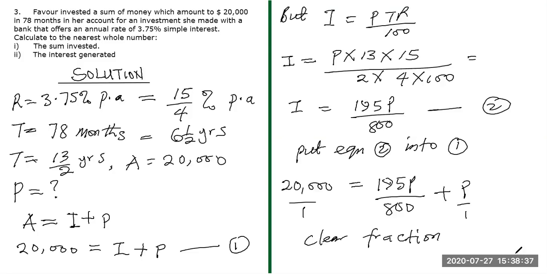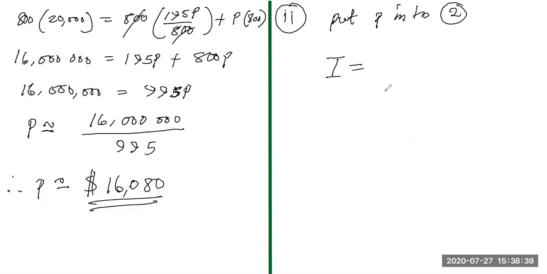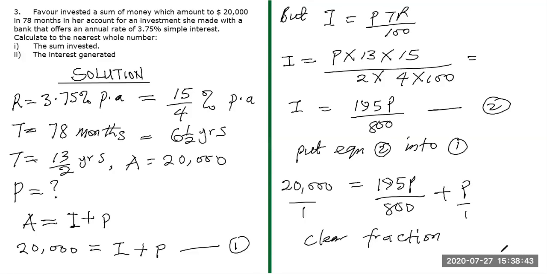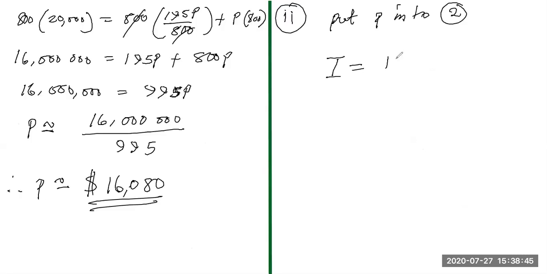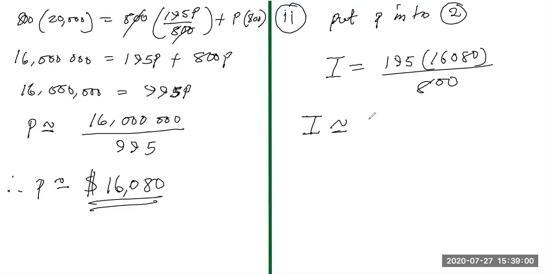So we now say our I equals 195p over 800, 195 multiplied by p, which is 16,080, divided by 800. And what is our I? Our I is also approximately equal to $3,920.